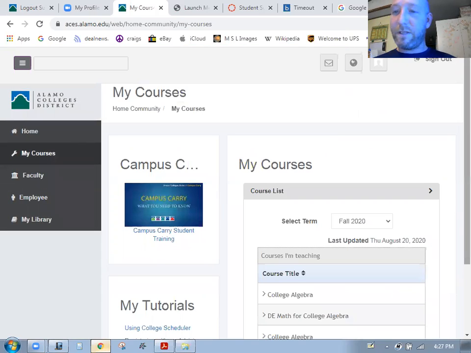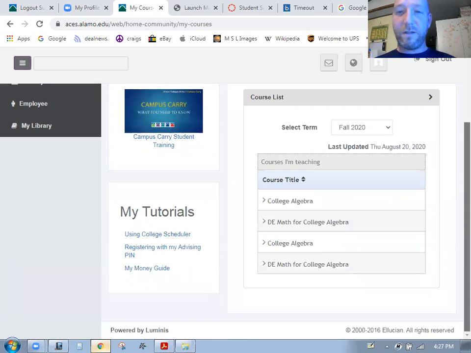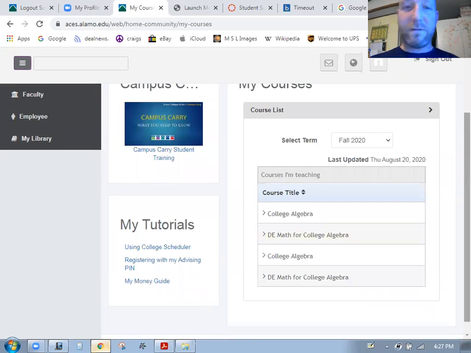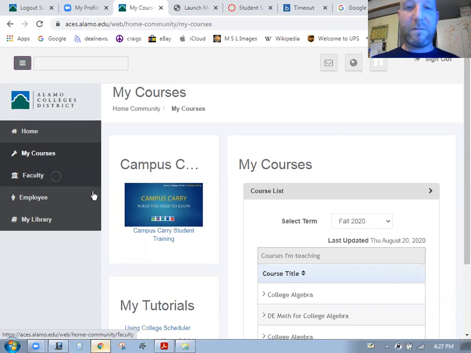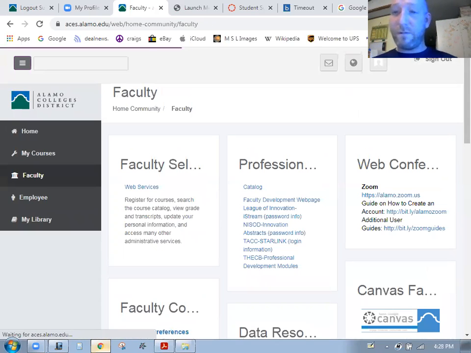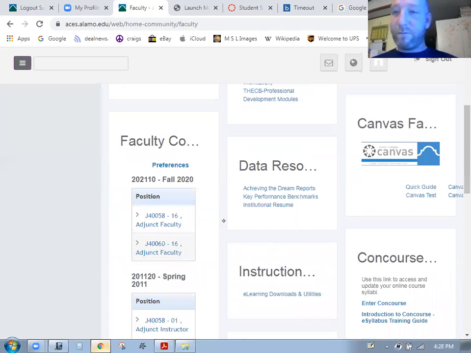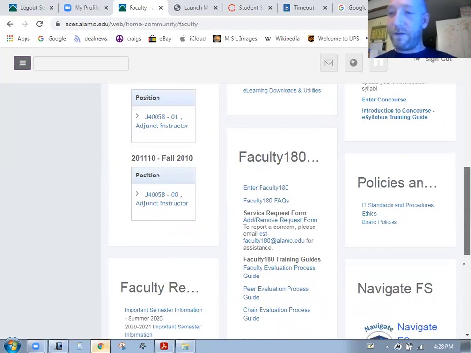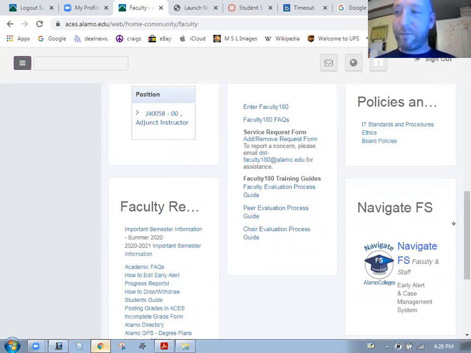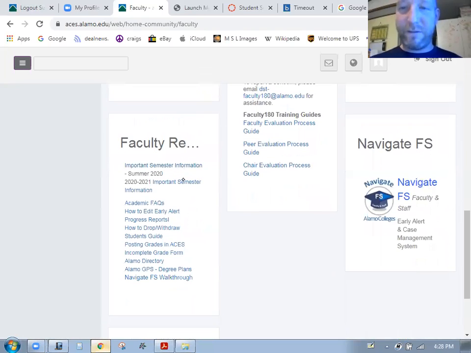Using college scheduler. Faculty. I think for such a simple question, there would be an easy place to find that. Navigate. Here we go. Faculty resources, important semester information. Student guide.